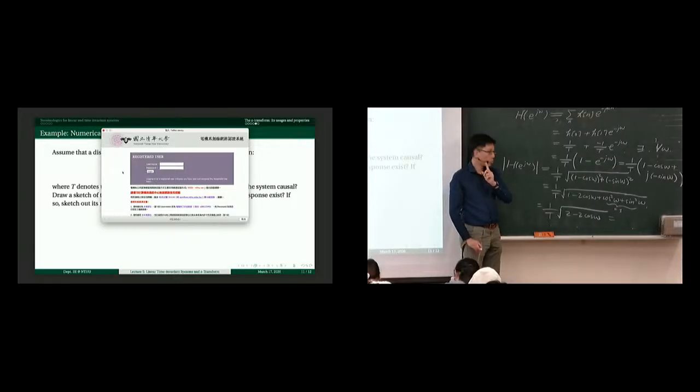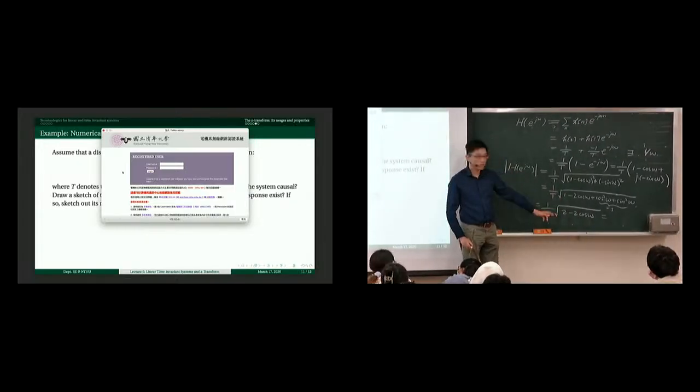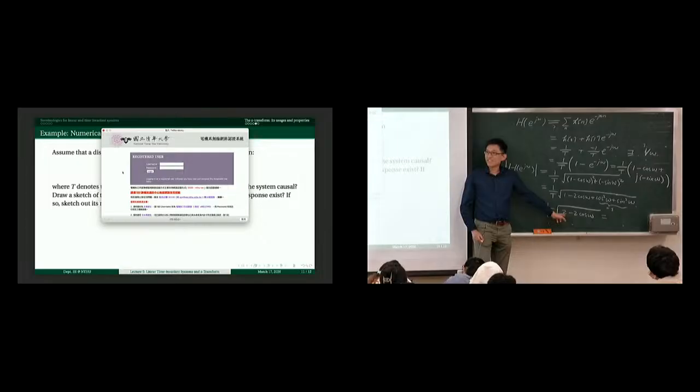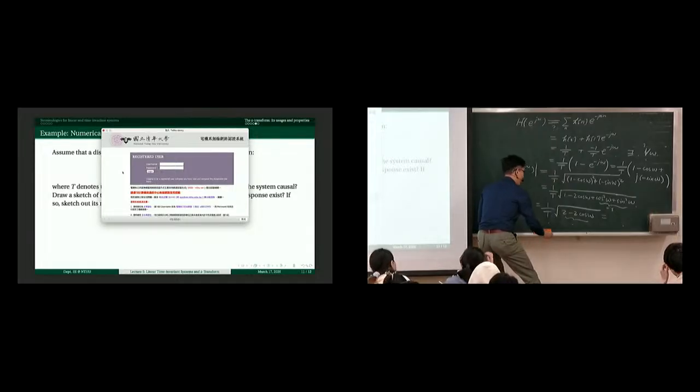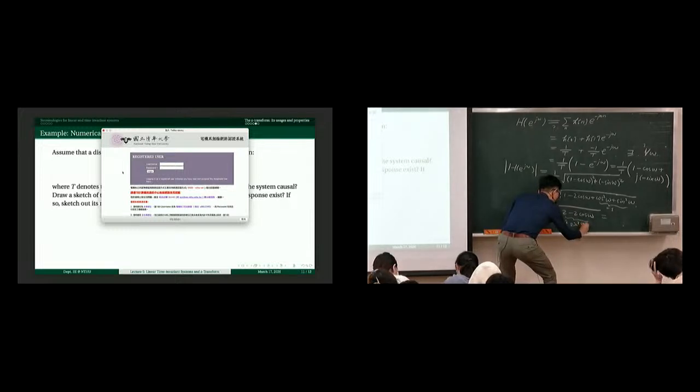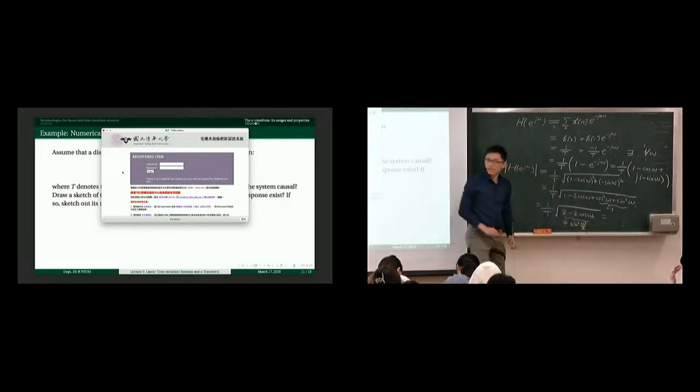Can anybody suggest what further step we might take? There's a trigonometric identity. What is 2 minus 2 cosine? I think it's 4 sine squared of the half angle, omega over 2.